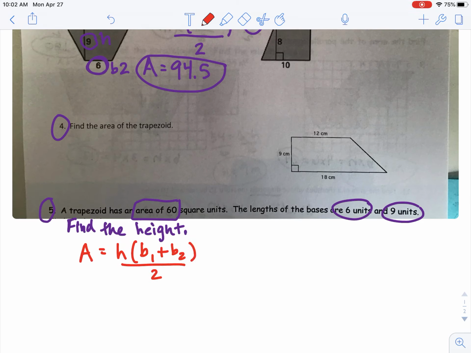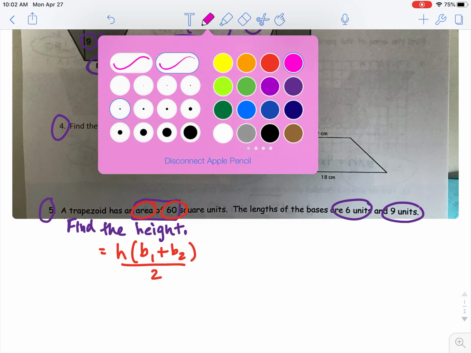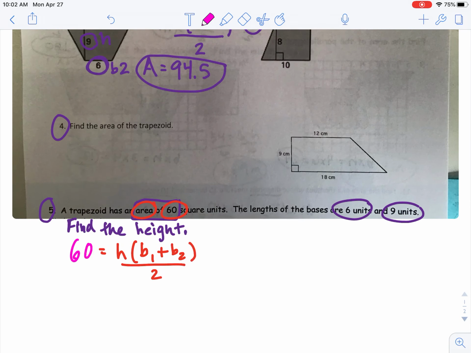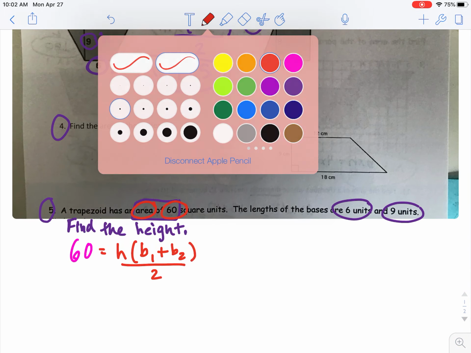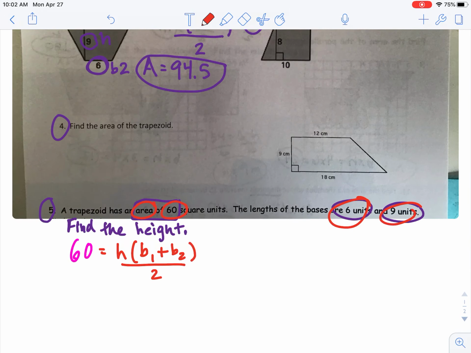So now let's fill in what we know. Well, we know the area is 60. So instead of this A over here on the left, I'm going to replace it with a 60. And then I know that the bases are 6 and 9. So I'll call that B1 and B2.